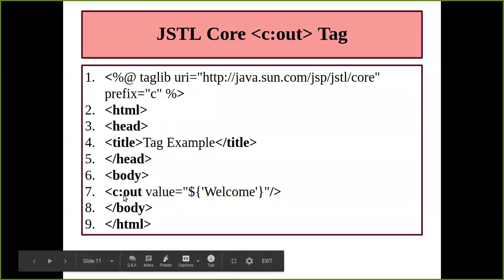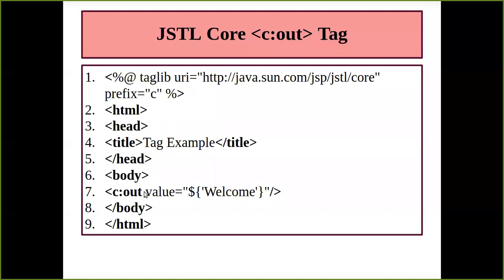So we are making use of c colon out, whose responsibility is to display some value or information. The attribute for the out tag is value, which holds the value passed inside this expression language. The value we are passing is Welcome, which we want to print, and it is printed when placed inside the value attribute.